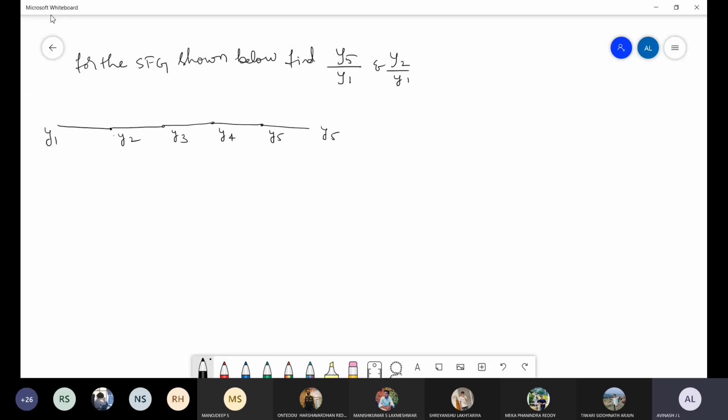Here it is given in such a way that here it is Y6, another path Y6, and here it is, they write neatly this one.